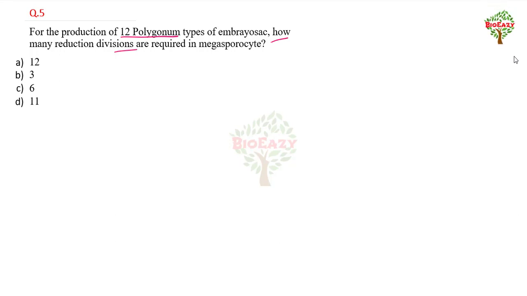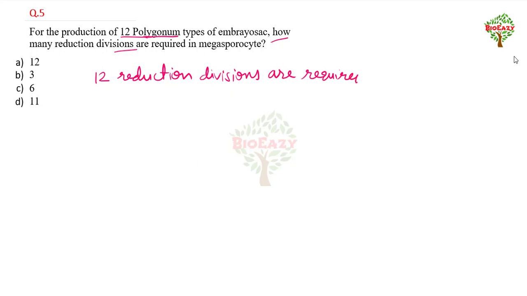So in the Polygonum type, 12 reduction divisions are required to produce 12 embryo sacs. Now let's understand the method.